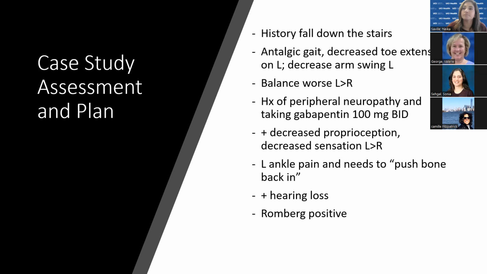PT, okay. What kind of PT would you do? Vestibular, maybe. I know she has some hearing loss, but I wouldn't say necessarily that she has the dizziness that caused her fall or vestibular problems.